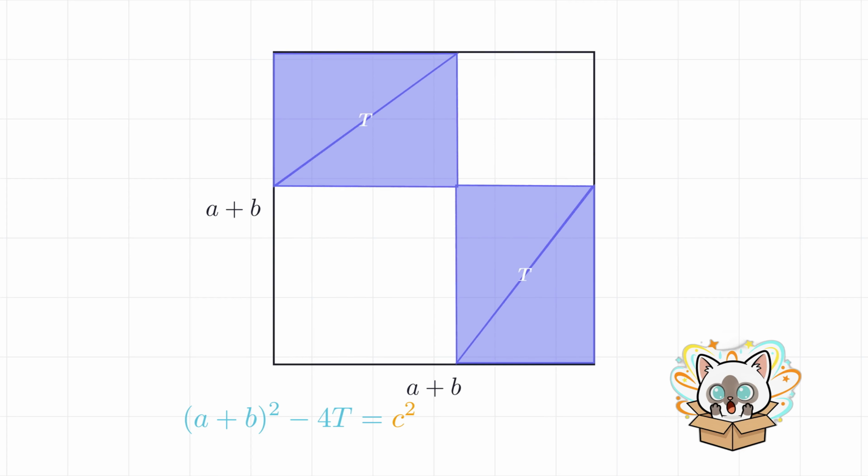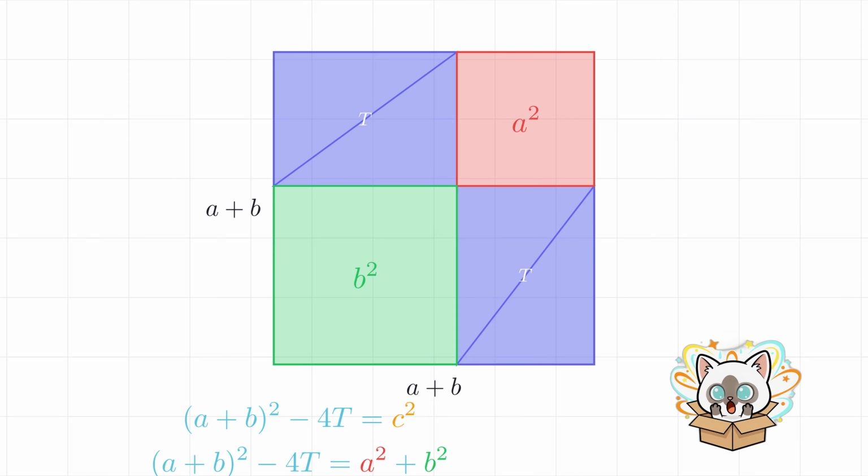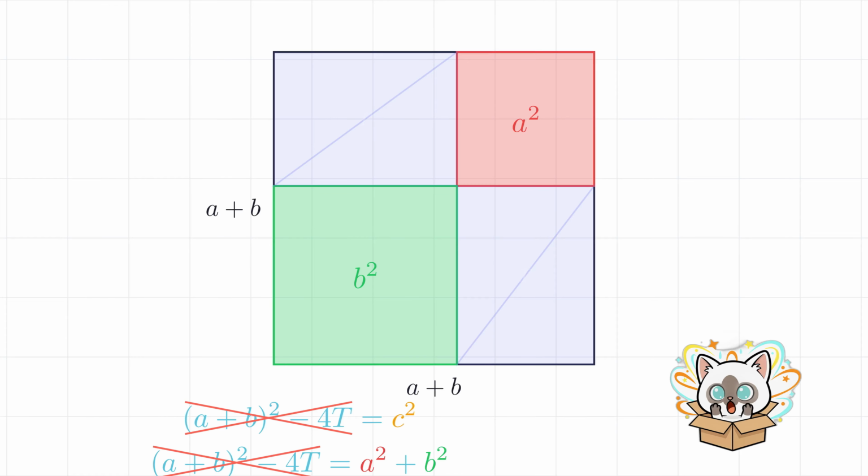We slide the exact same 4 triangles to 2 corners. Nothing disappears, nothing is added. This time 2 squares appear in the empty space, one with area A squared and one with area B squared. Both arrangements live inside the same big square. The 4 triangles are identical. So whatever is left over must be equal. C squared equals A squared plus B squared.